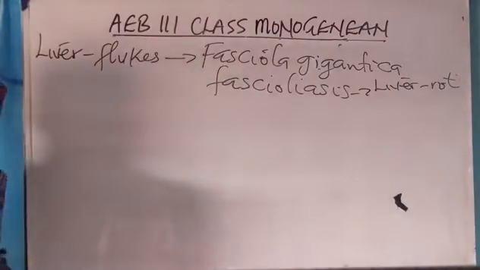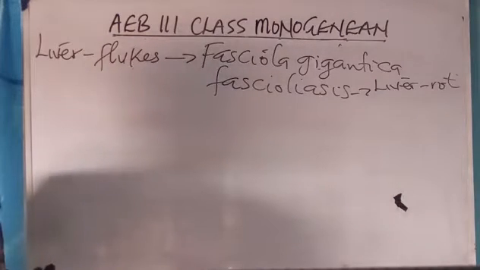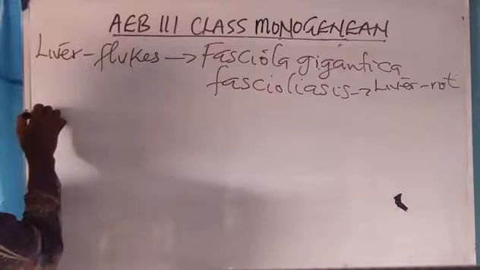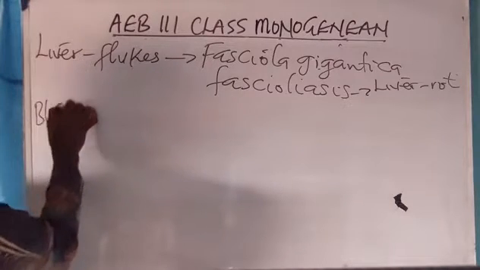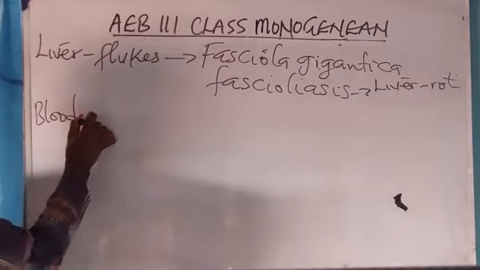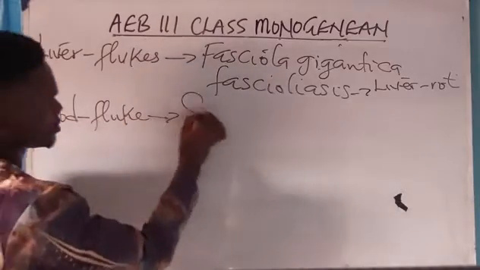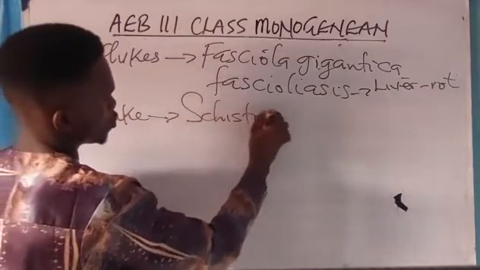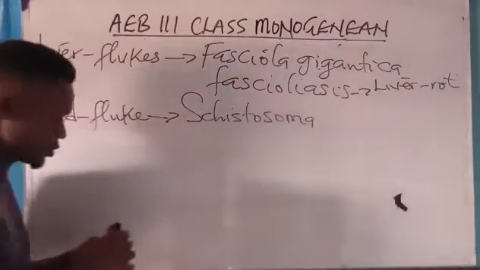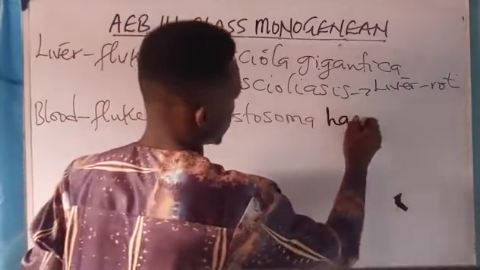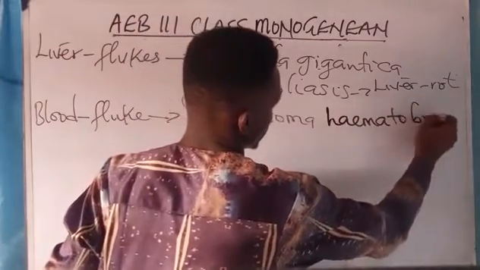So you have the Fasciola hepatica. You now also have some of these organisms found in the bile duct, or what? Urinary bladder. You have them in the blood, so let me say blood fluke. They are found in the blood, and at the same time, they're also found in the bile duct. We call these guys Schistosoma haematobium.